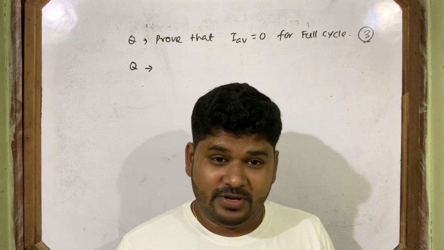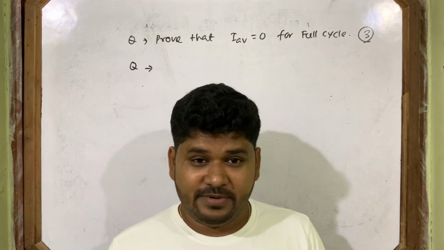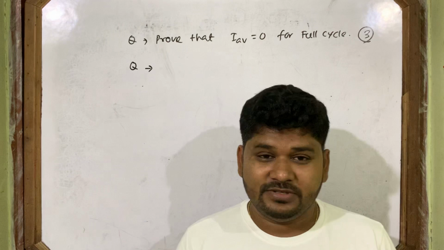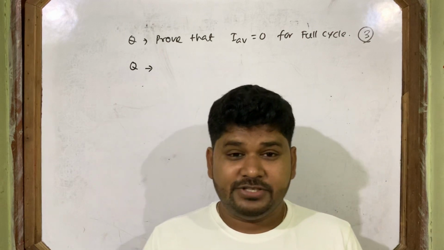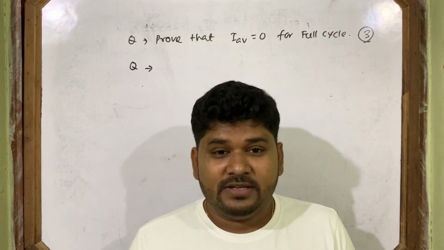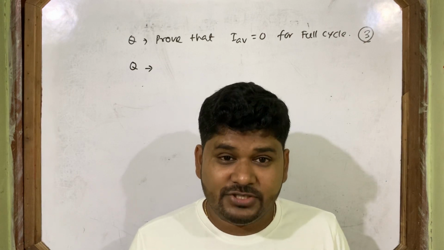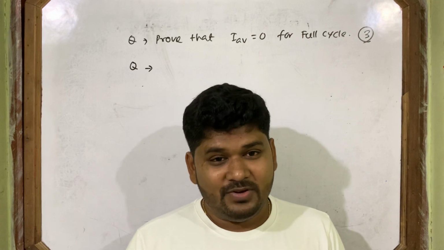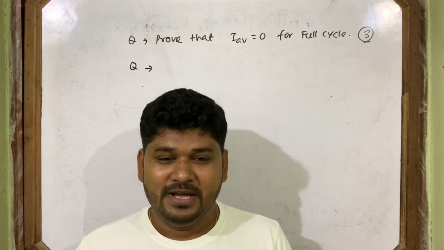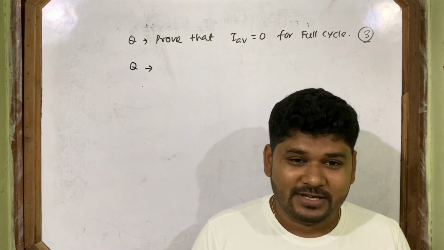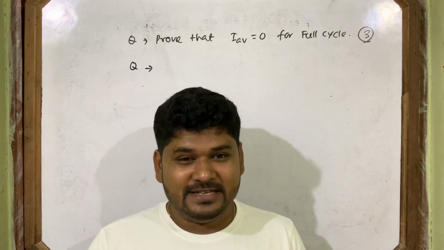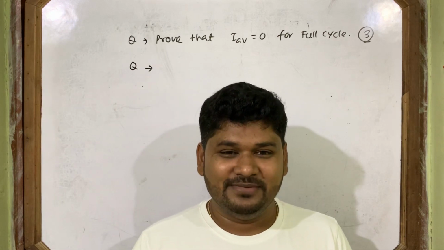Over a full cycle, when complete cycles pass, not half cycles, the average value of AC is 0. So if you connect the galvanometer in the circuit, it will always show a reading of 0. One of my students once told me, sir, who told you it cannot measure? It is measuring 0 value.